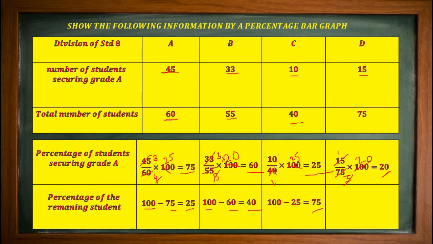So you're observing that 20% of students securing the grade A of division D. So 100 minus 20 would be 80. So 80% students are remaining for securing a grade.